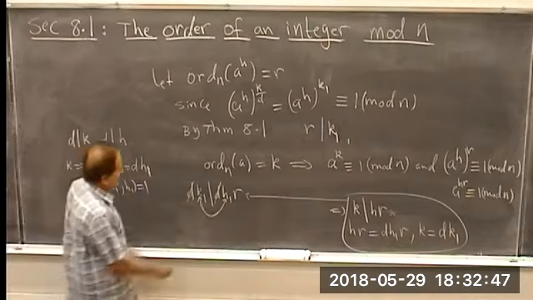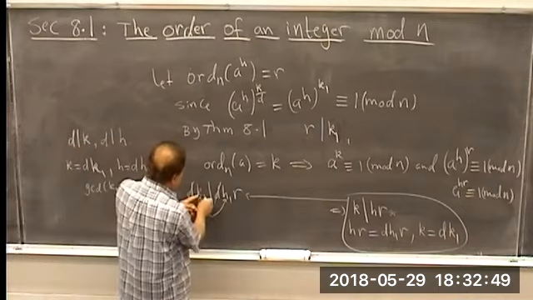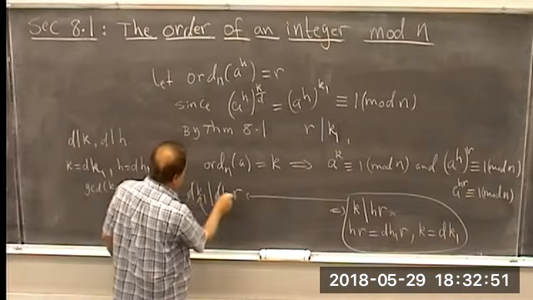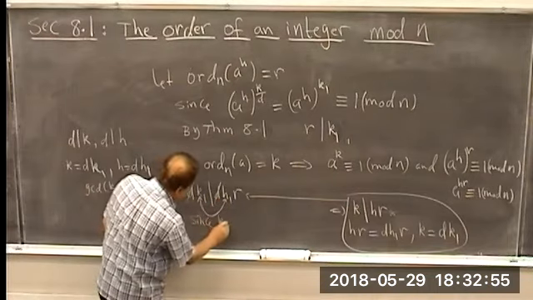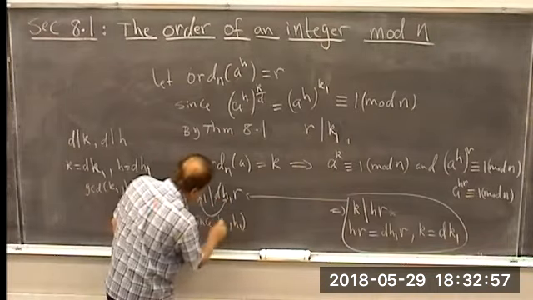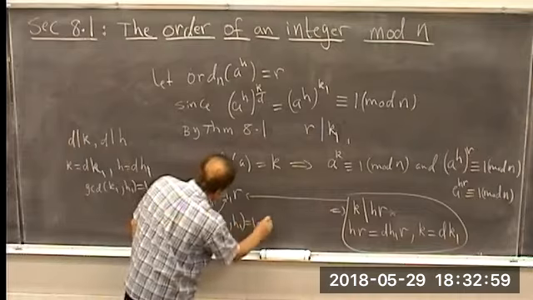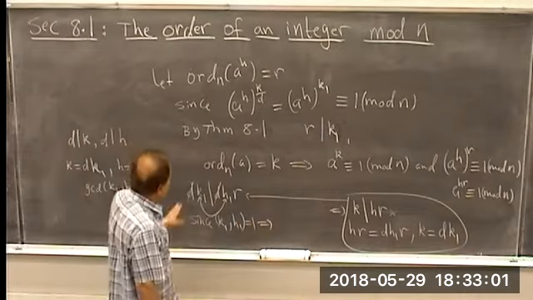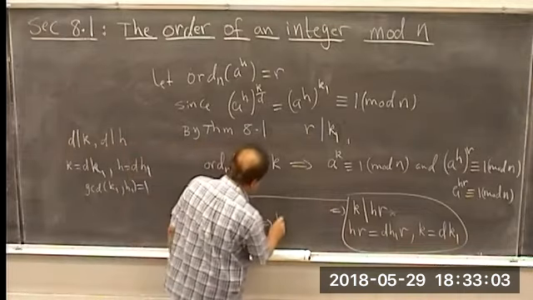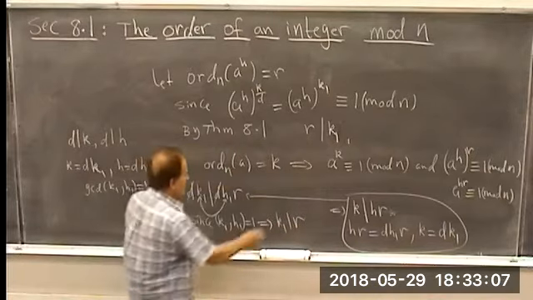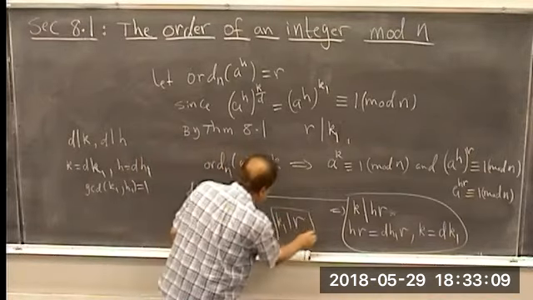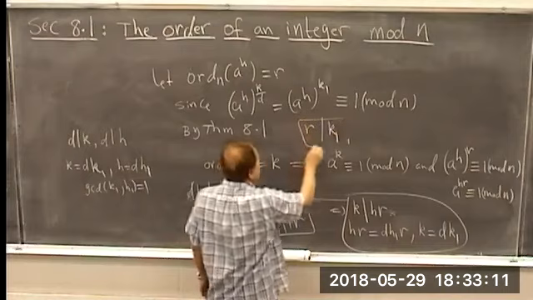And with this, the greatest common divisor of K1 and H1 is equal to 1. All right, now since K1 divides H1 times R, and these are relatively prime, then by Euclid's lemma, K1 must divide R. All right, now we have this divisibility relation and this relation.